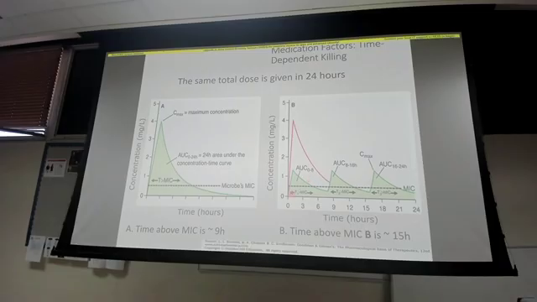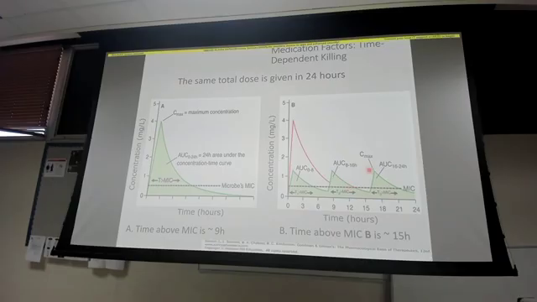And then this one is looking again at that time dependent killing. Here you see that they gave a dose and they haven't redosed this patient. So this was just calculating it and saying the time above this MIC was about 9 hours. Whereas on this one, I'm giving them several doses. And right when I fall below the MIC, I'm like, oh wait, I need another dose.